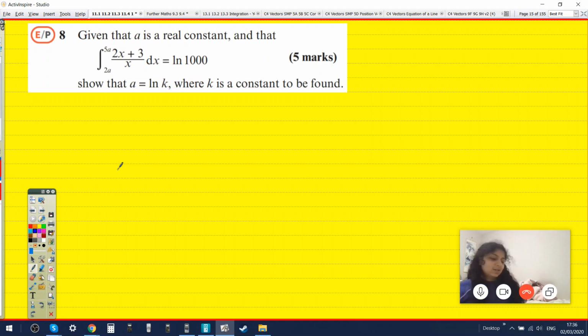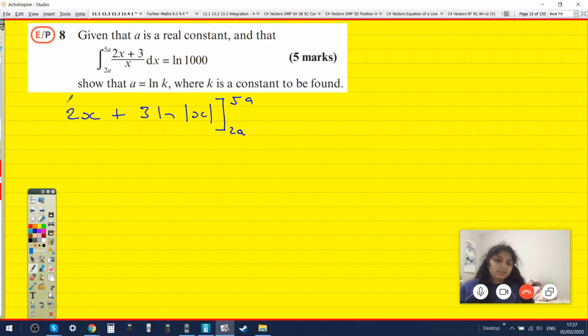You integrate it, you get 2x plus 3 ln x. Say it again, sorry? 2x plus 3 ln x when you integrate, I think. Do you have to actually write the modulus sign, or is it okay if you don't? You'll probably be okay if you don't. It is the modulus though. Integration is an area. I'm just thinking maybe one day you'll get a -2, and you'll try to do ln of -2.